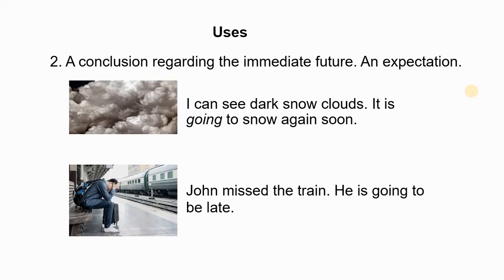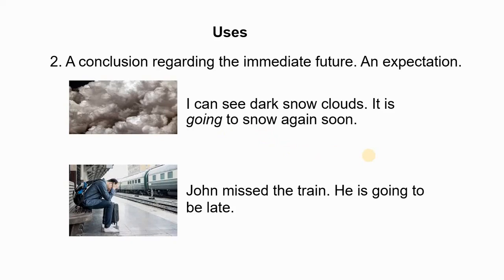So, based on something in the present, there is a situation in the present, and from that we know what is going to happen in the future. For example, I can see dark snow clouds. It is going to snow again soon.